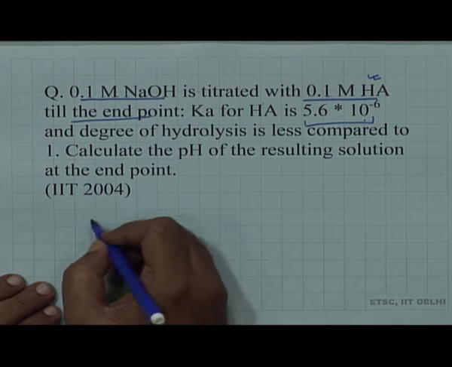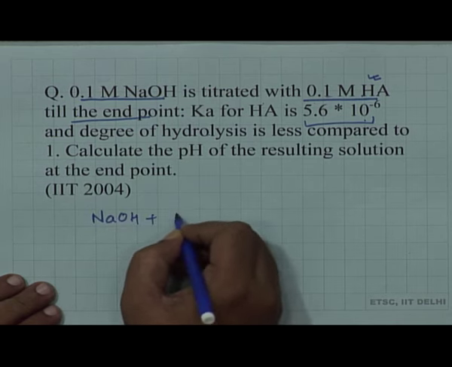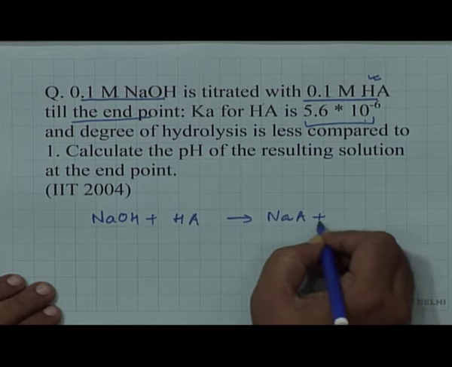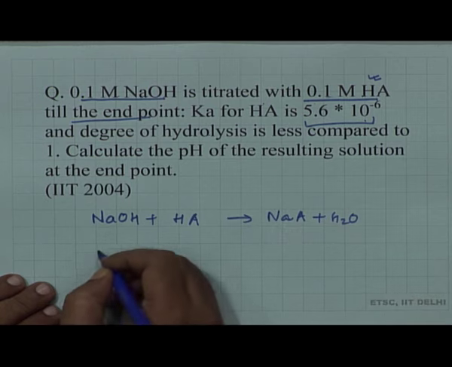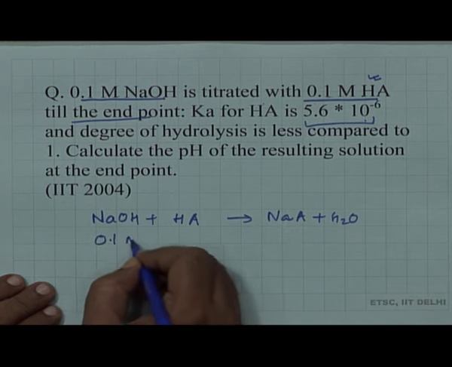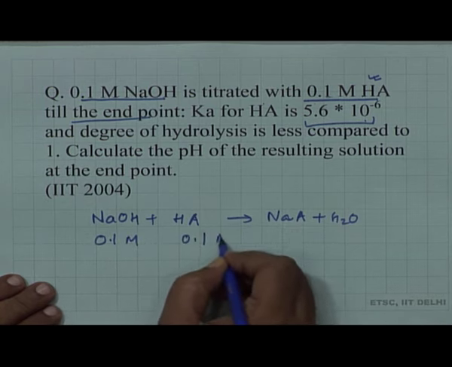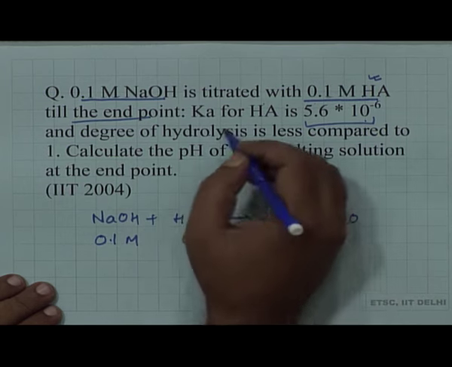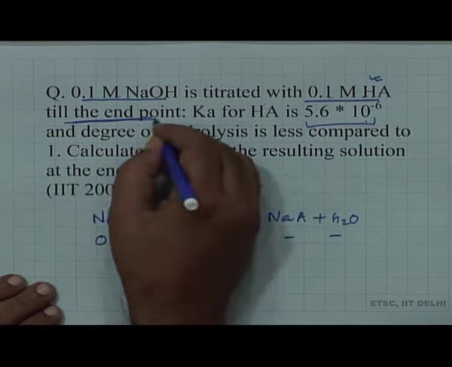So, you have NaOH plus HA giving you Na plus water, and we are adding 0.1 molar with 0.1 molar till the end point. What does that mean?